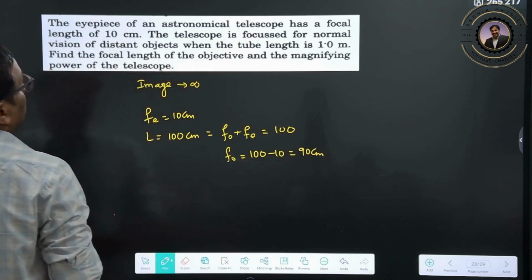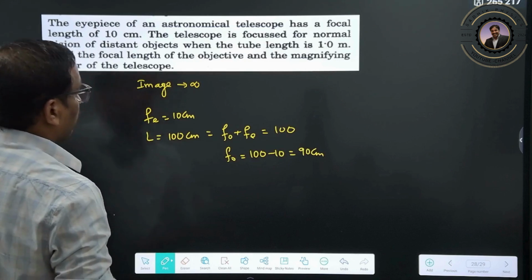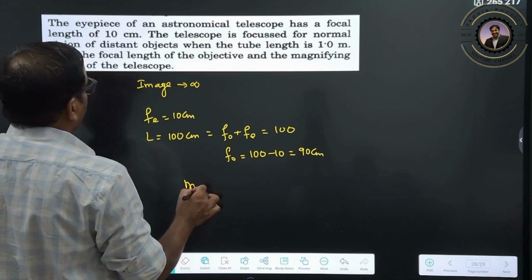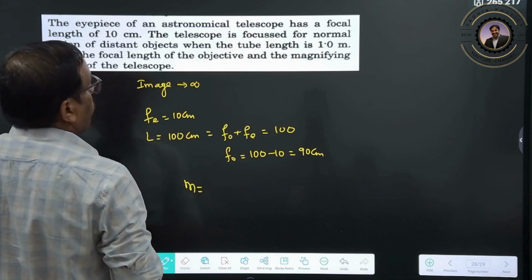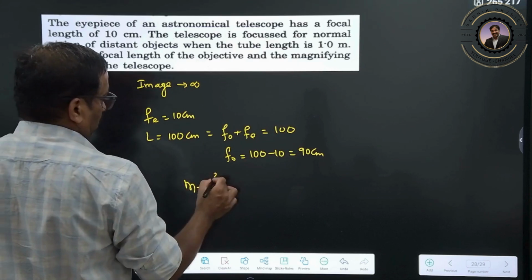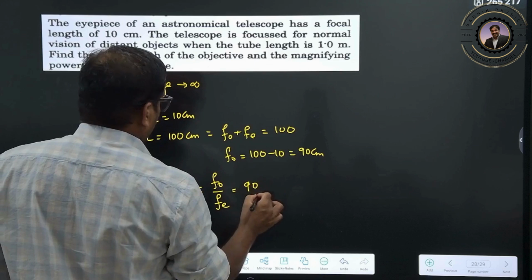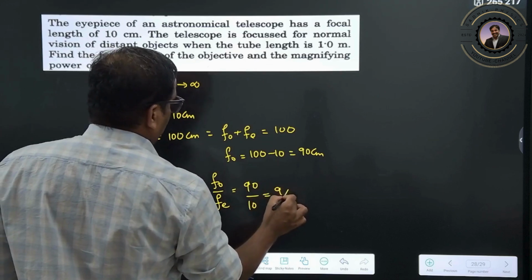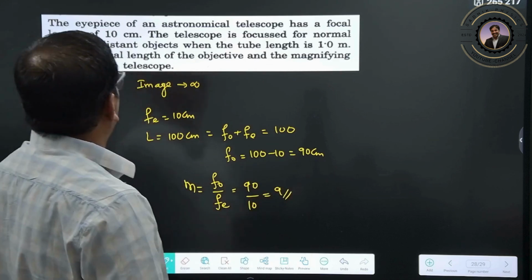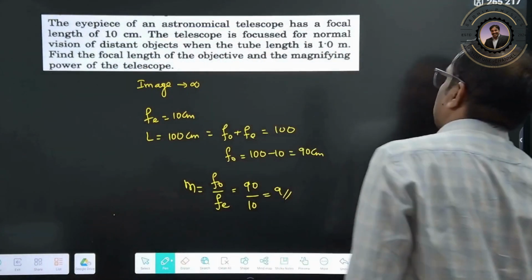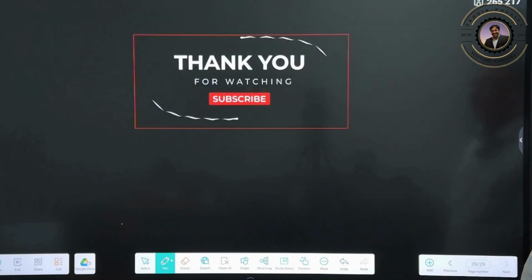Clear? So these are the focal lengths. Therefore the magnifying power is F0 by Fe. F0 is 90 divided by 10, therefore 9 will be the magnifying power of this telescope. Simple questions. Clear? Next one.